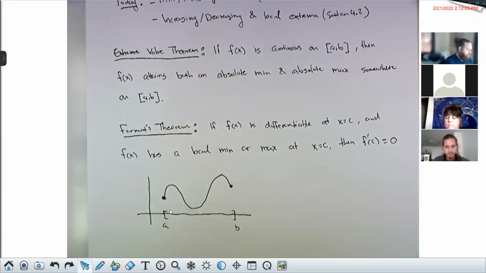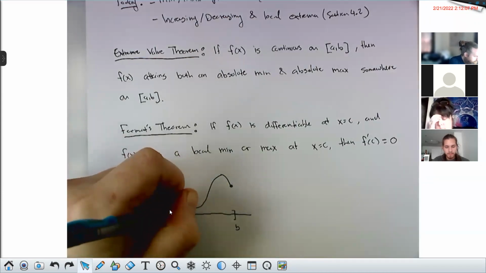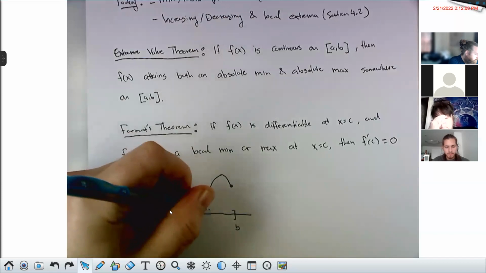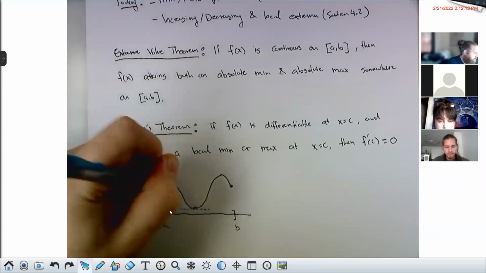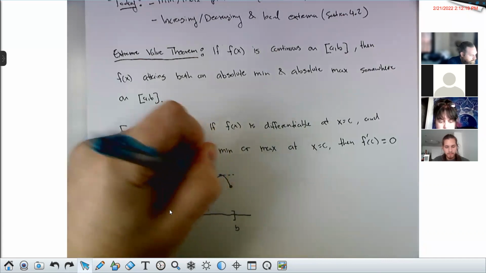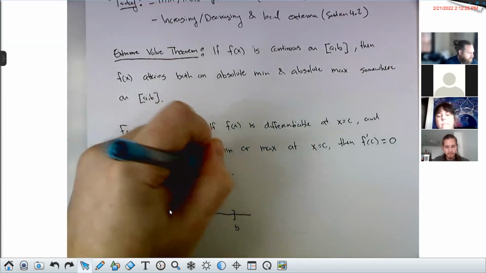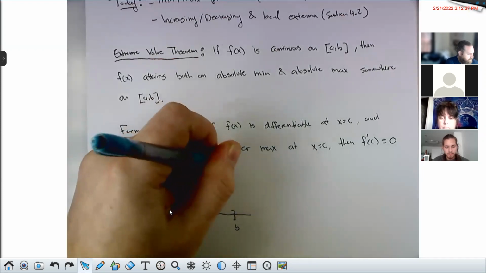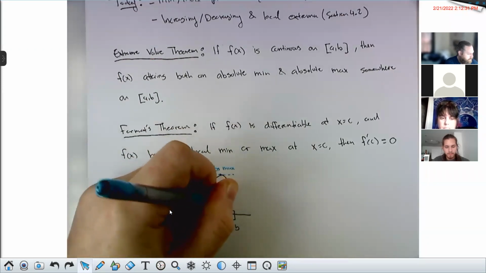Without violating the smoothness criterion, it must be the case that the tangent lines at those extrema are all horizontal. In this case, your absolute max is right here, and your absolute min is down here.